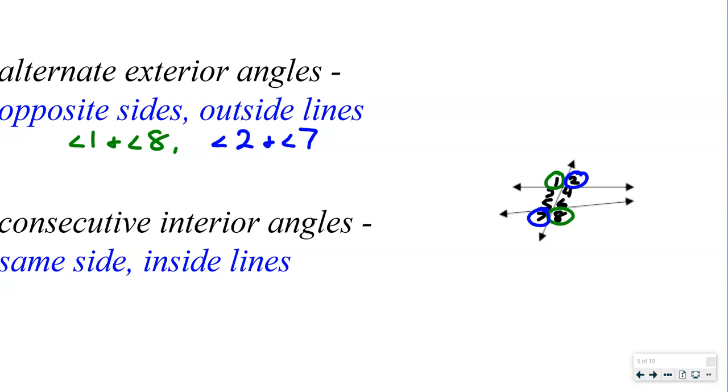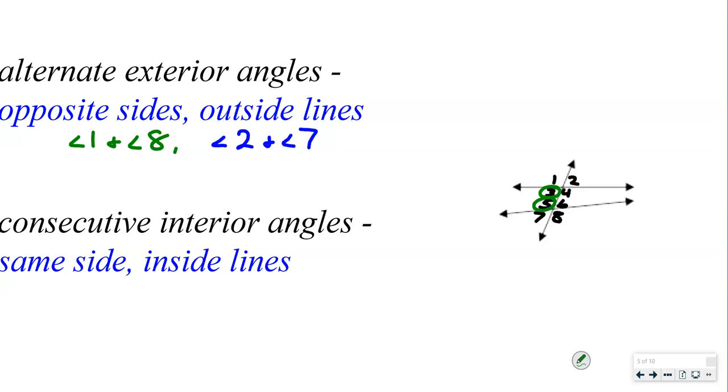Then we have consecutive interior angles. They're on the same side of the transversal and inside the lines. Let's renumber our angles. Same side of the transversal, inside the lines.